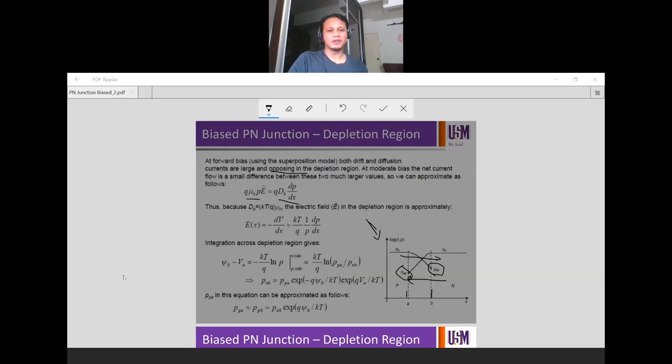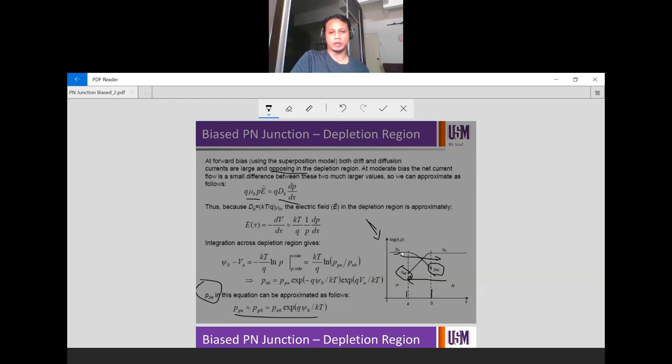Alright. So you want to calculate NPA and PNB. These are the values of minority carrier densities in the respective regions: holes in the N-type region, electrons in the P-type region. You can go through the derivation here, but the most important thing to look at after the derivation is the one below. PPA in this equation can be approximated.